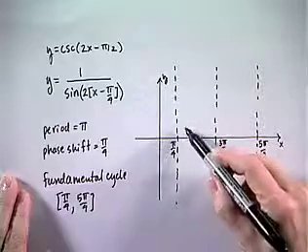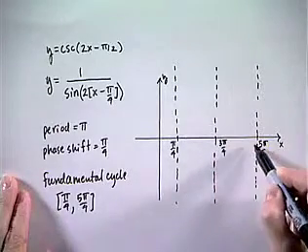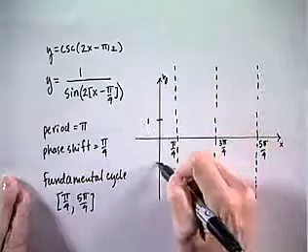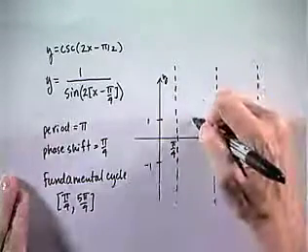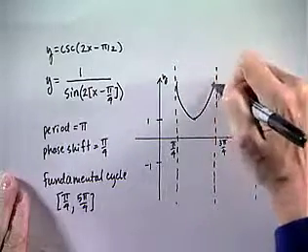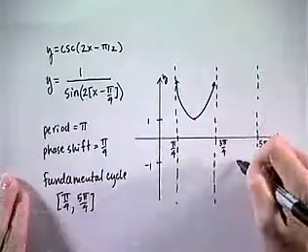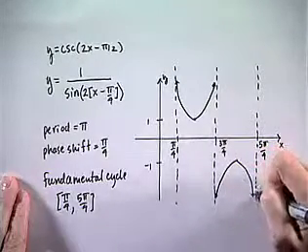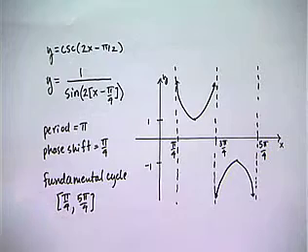And recall again, think in your head what the sine function looks like, and draw, let me label 1 and negative 1, and draw the cosecant accordingly. There's one piece of the cosecant, and there's another piece of the cosecant.